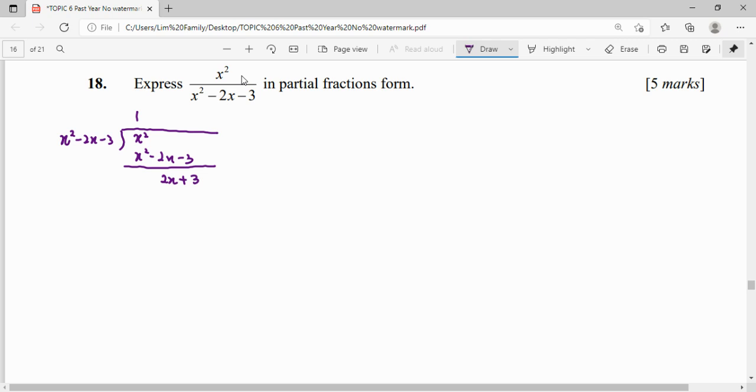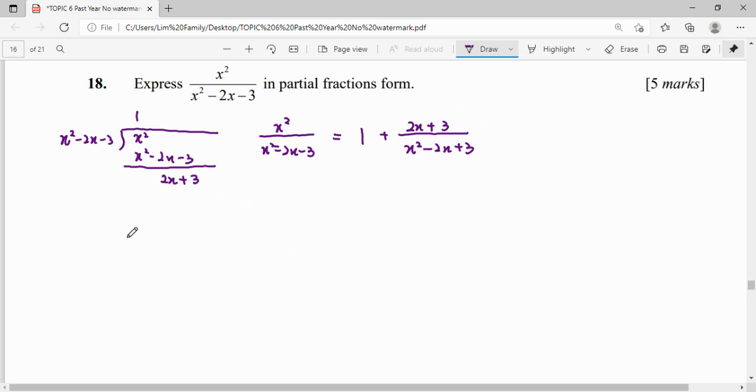So our improper fraction, the polynomial divided by the divisor, equals the quotient, plus the remainder 2x plus 3 over the divisor, x squared minus 2x minus 3. Only this proper fraction, the remainder part, will undergo change to partial fractions. So we will take this part and start doing our partial fractions.